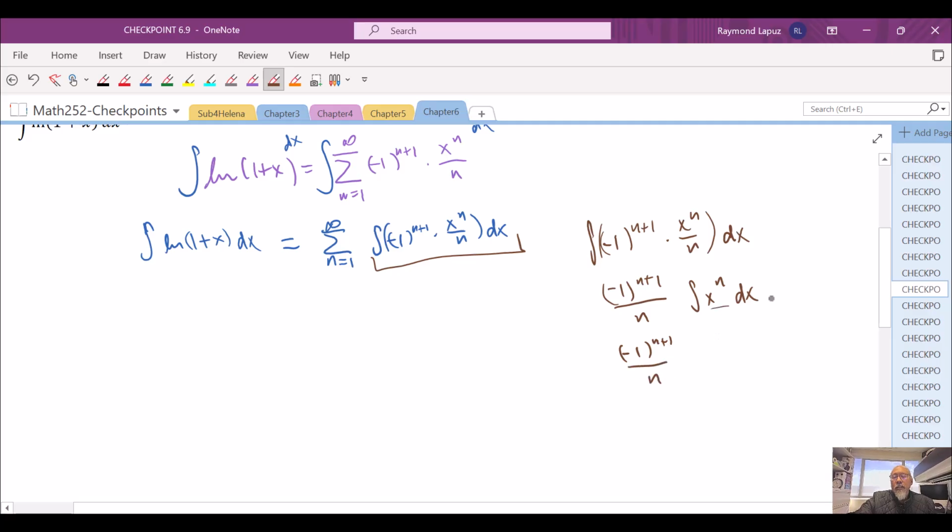Let's take the antiderivative of this now. This will be equal to x to the n plus 1 divided by n plus 1. That's the antiderivative. Now technically there's a plus c, so we could put the plus c there and deal with that later, separately, whatever.